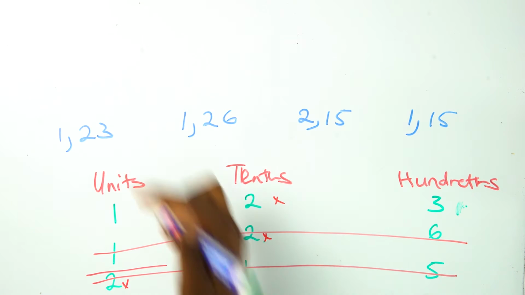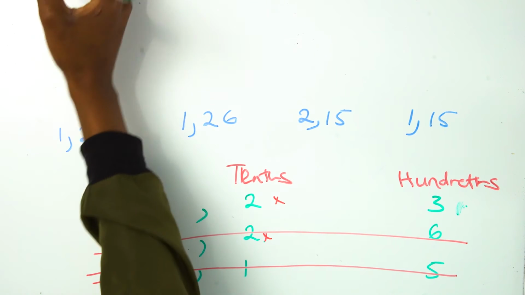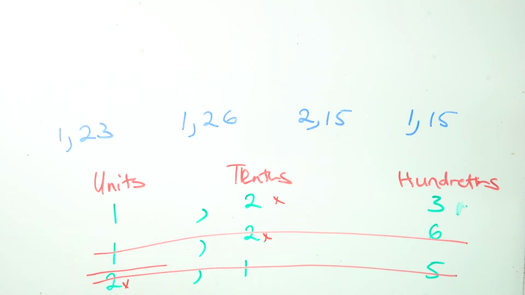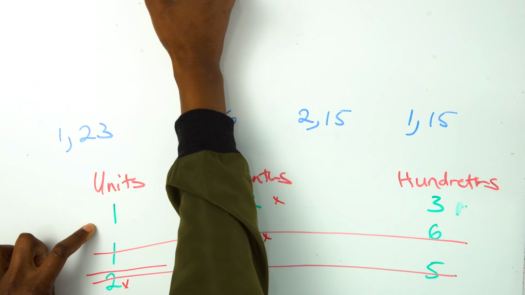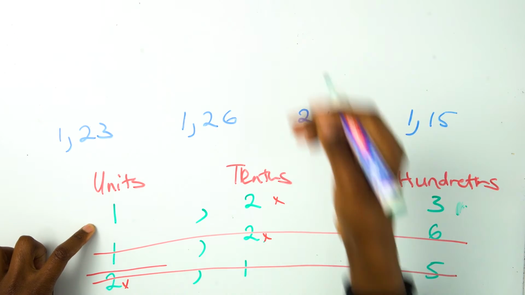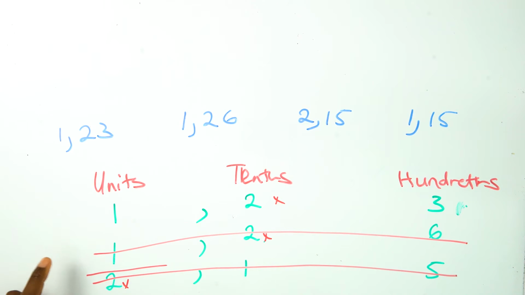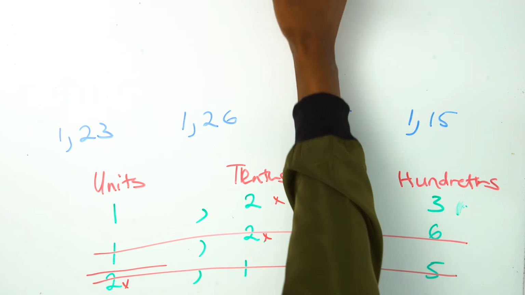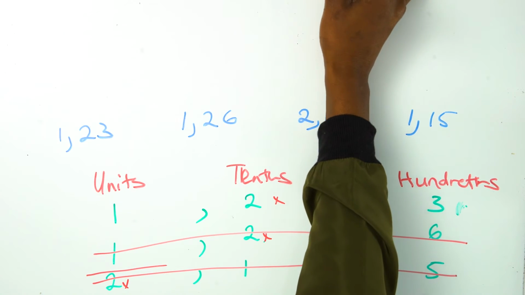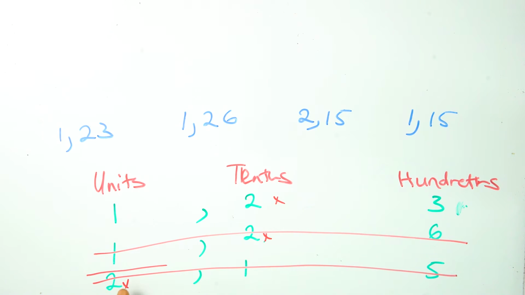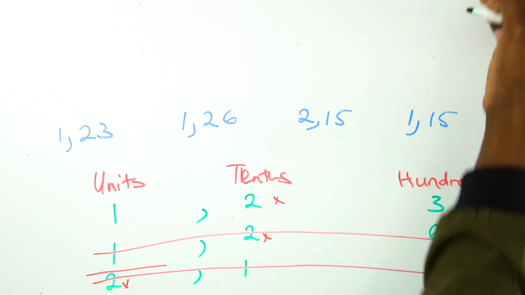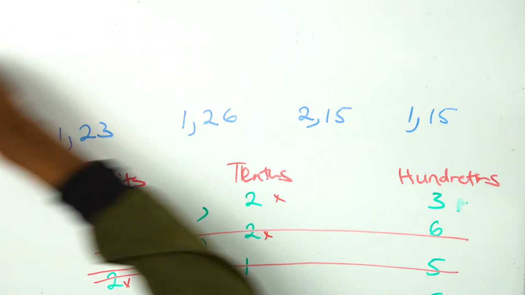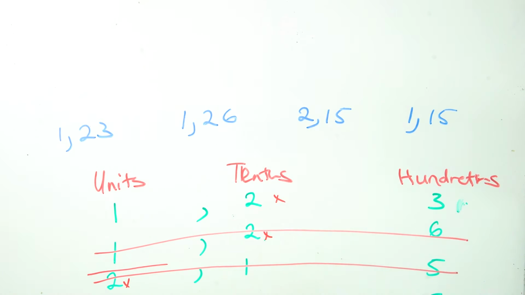So the smallest is 1,15, followed by 1,23, followed by 1,26, and then the largest is 2,15.